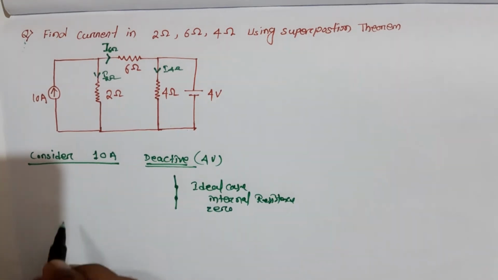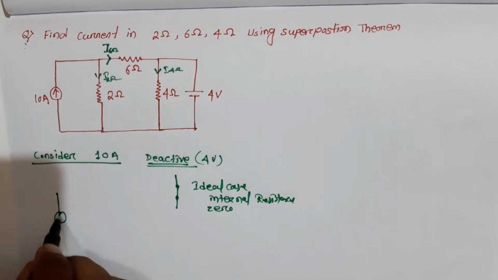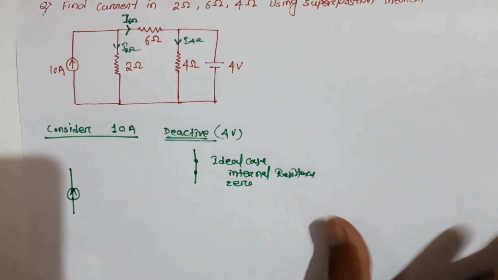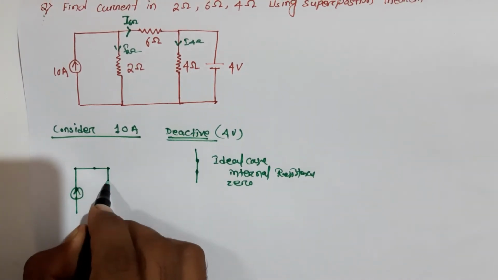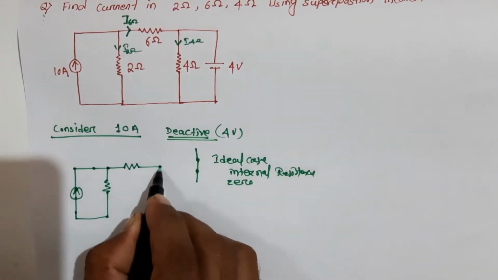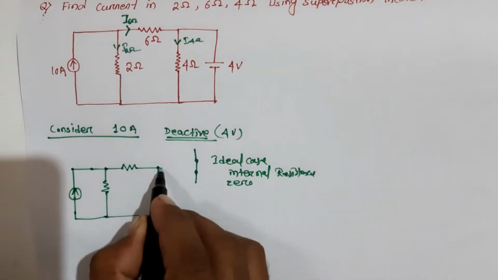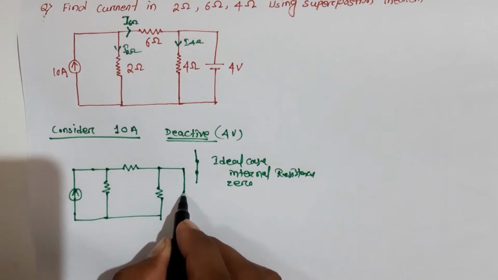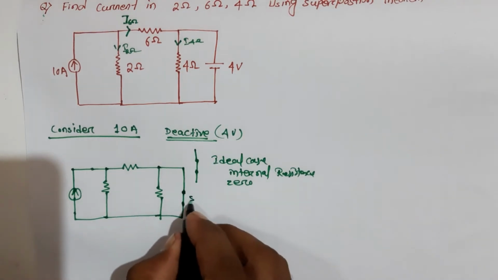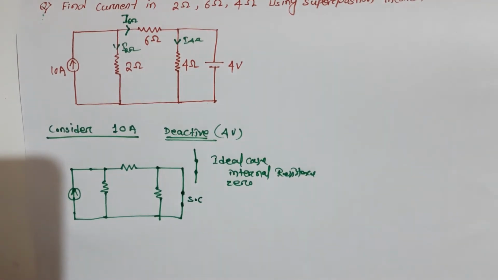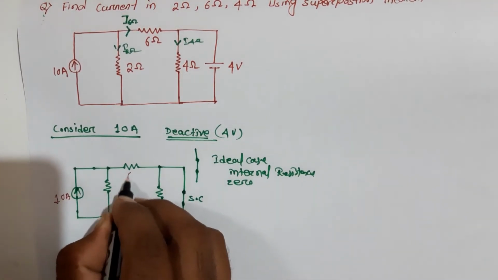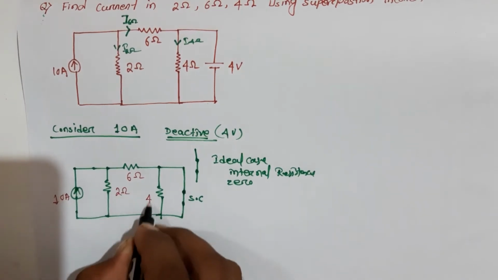Let's draw this circuit. This 10 ampere source is present as usual, then this 2 ohm is present, and the voltage source is deactivated, meaning short circuited. If we short circuit it, this is the same 10 ampere, this is 6 ohm, this is 2 ohm, and this is 4 ohm.